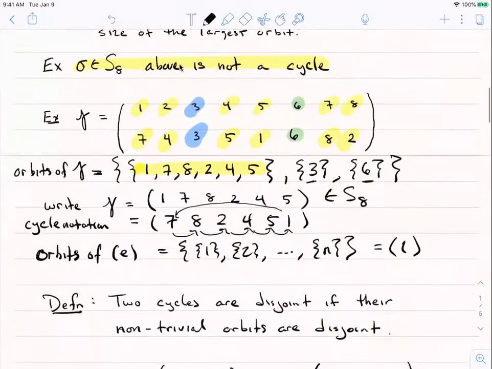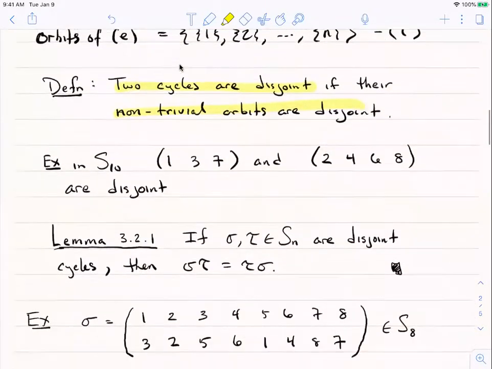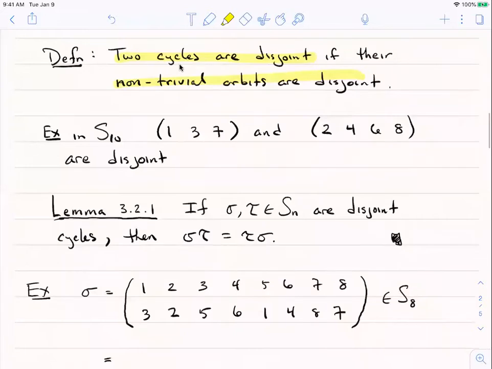Okay. Some more terminology. I'm going to call 2 cycles disjoint if their non-trivial orbits are disjoint. Okay, so getting you used to the notation down here, I've got 2 cycles here. Let me give them names. Let me call them gamma 1 and gamma 2. Gamma 1 sends 1 to 3, 3 to 7, and 7 to 1. You could write it in array notation.